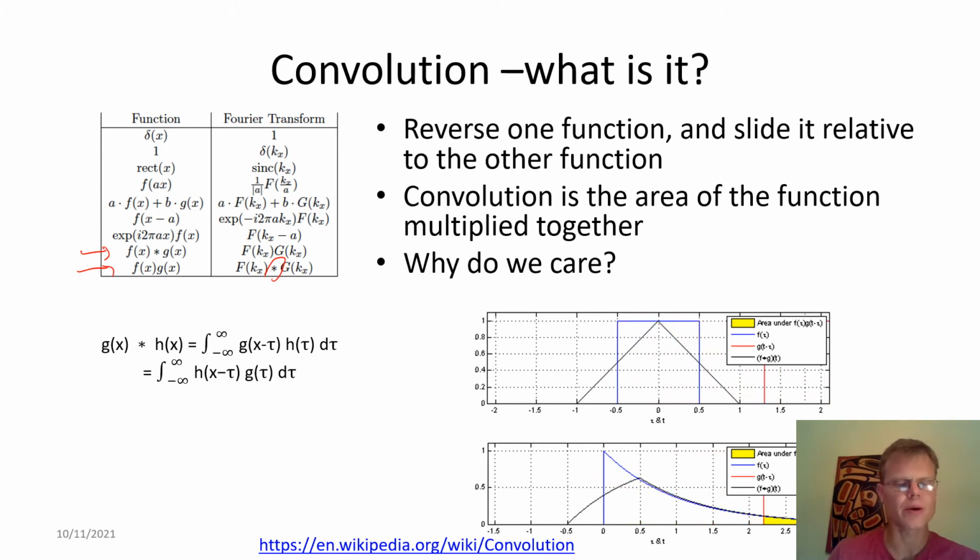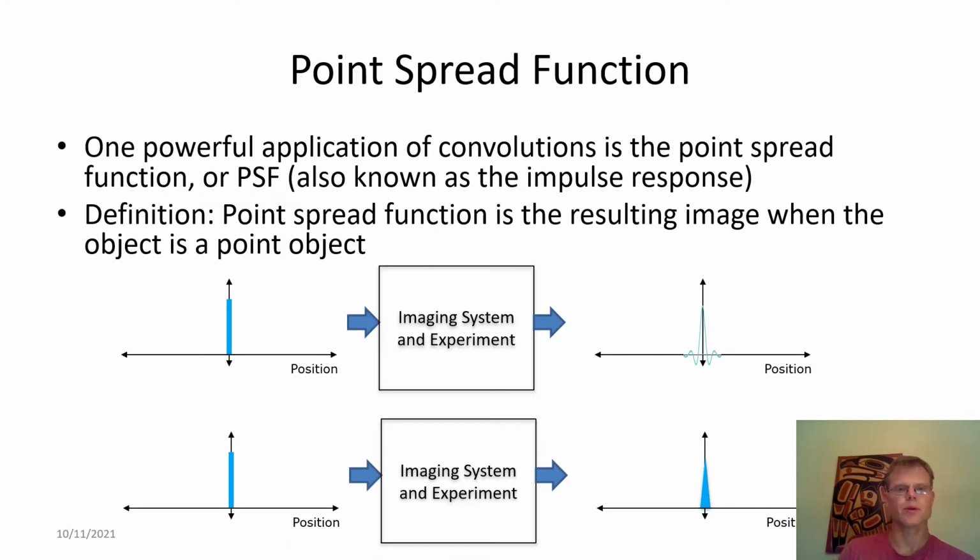But why do we care about the convolution? Convolutions turn out to be pretty useful in calculating this concept that's known as the point spread function, sometimes abbreviated as PSF, or sometimes known also as the impulse response. The definition of the point spread function is, what is the resulting image when we go through whatever process it takes to create an image.